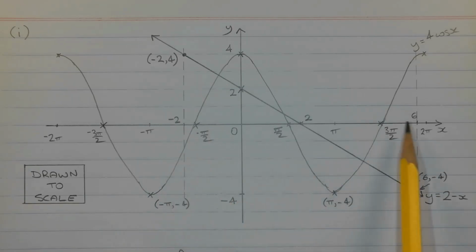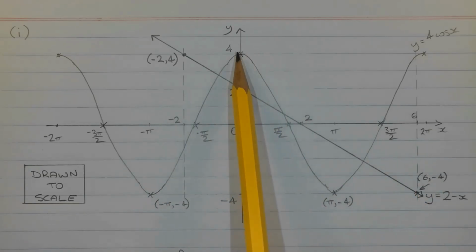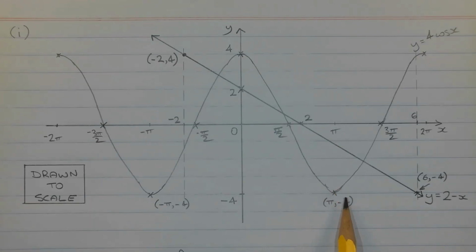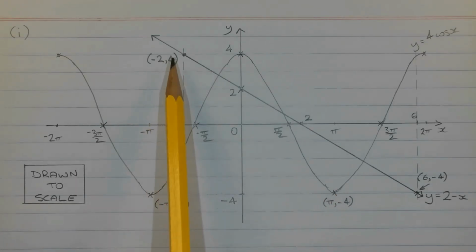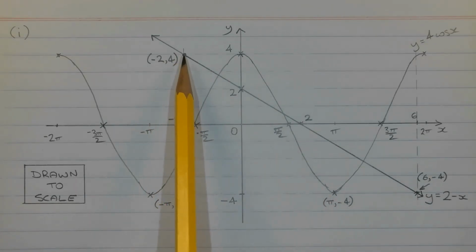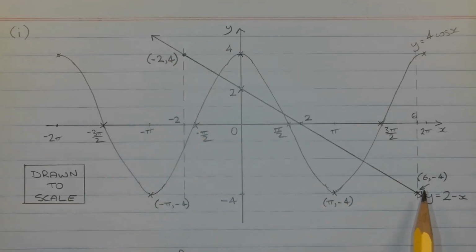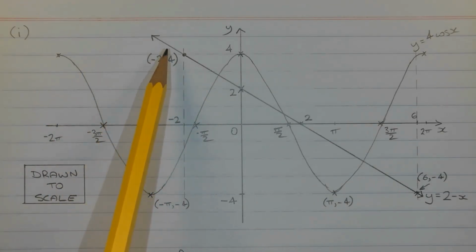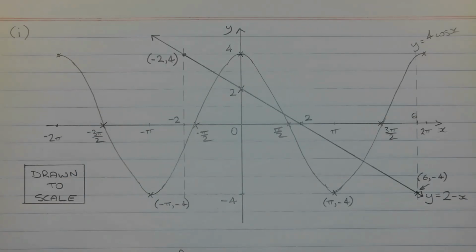So looking inside this interval, the graph of y equals 4 cos x has a maximum value of 4 and a minimum value of negative 4. And the graph of y equals 2 minus x has a maximum value of 4 here and a minimum value of negative 4 here. So outside the interval, the range of y equals 2 minus x extends beyond y equals 4. If we go below x equals negative 2, we can see that the line goes above y equals 4.